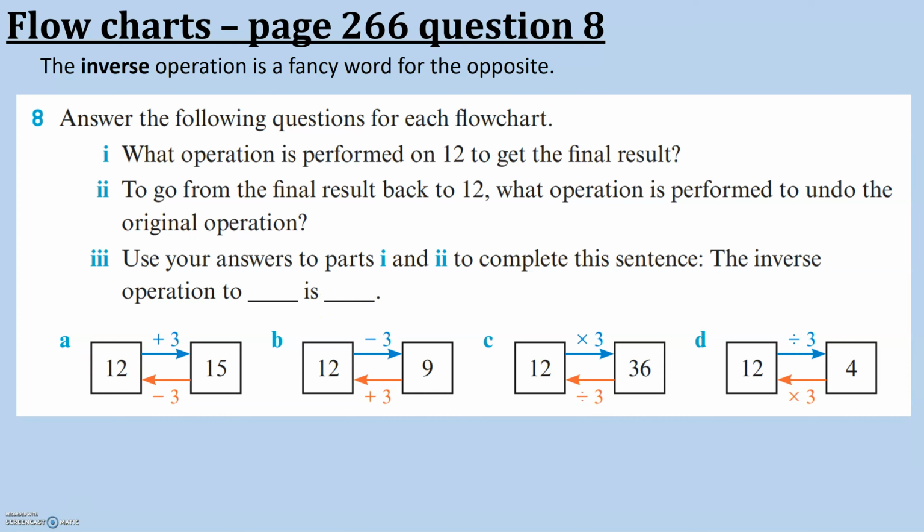Well, for part A, the inverse operation to adding is subtracting. Alright, so what I'd like you to do is pause the video and go through those 3 questions for B, C, and D.